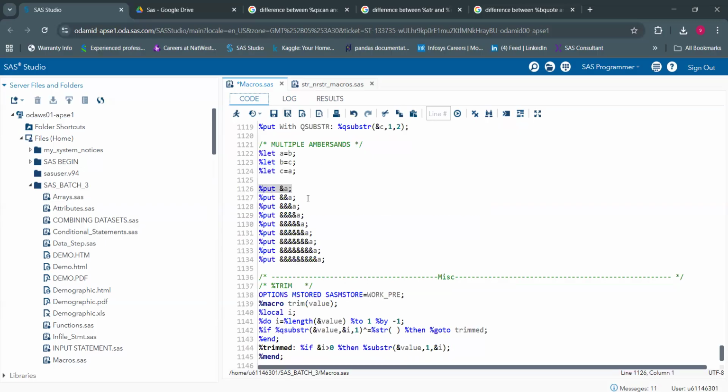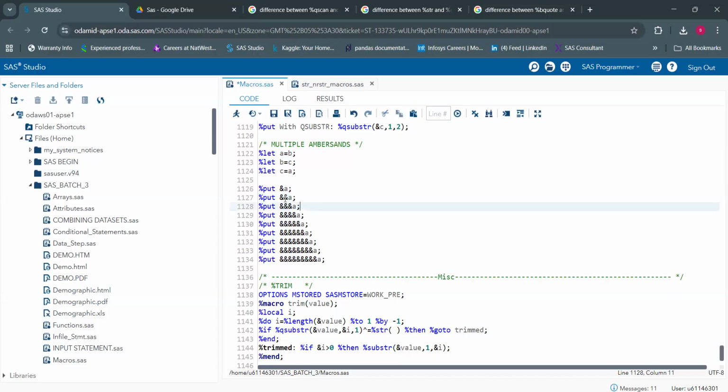Just take a guess. What will we be getting in double ampersand A? We get C, I think. So how does it work? For the first ampersand, the answer is B, and for the second time, B is C. So I'm thinking the answer will be C, two times it is getting resolved.